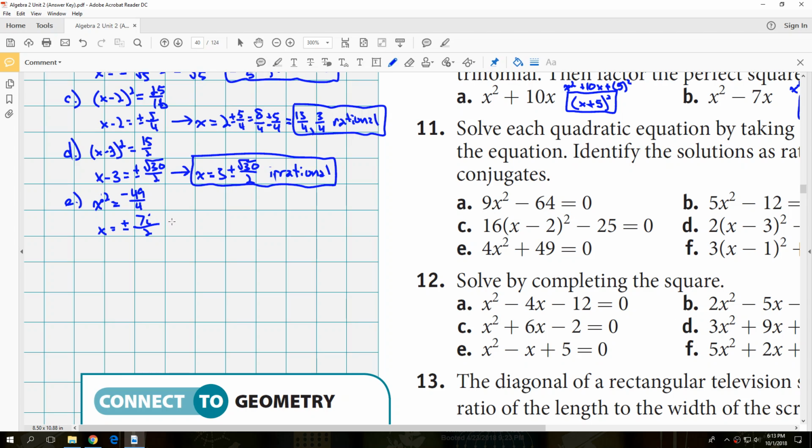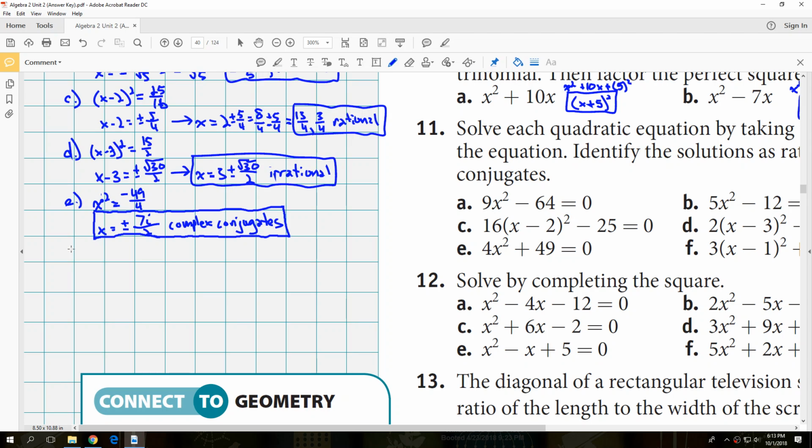And these would be complex conjugates. Oops, that should be a J. Okay. And let's just put a square around our answer.